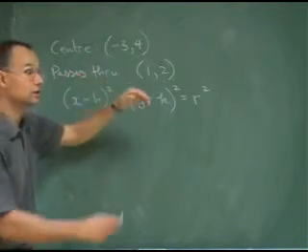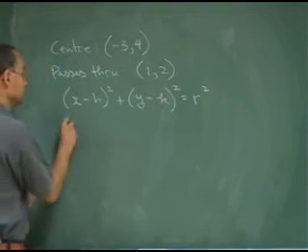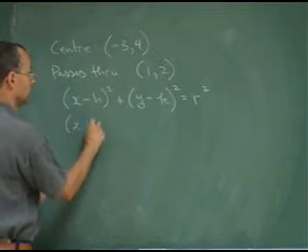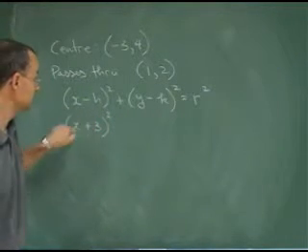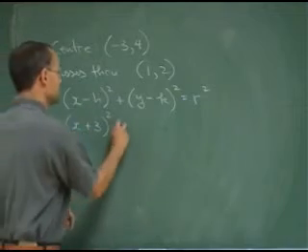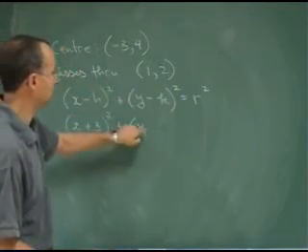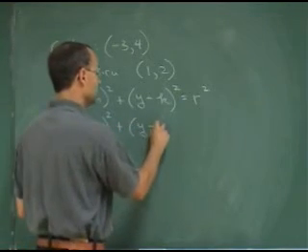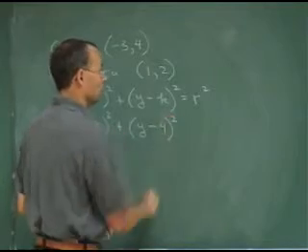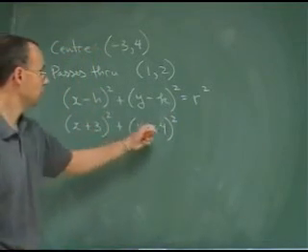If you've shifted your center 3 to the left, or to -3, that means in here you want to see x + 3, so that -3 and 3 makes 0. In a similar way, if I want to put 4 in here for y and see this turn to 0, then I want to see (y - 4)².